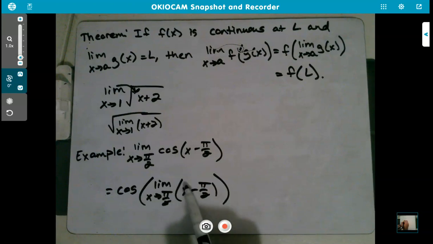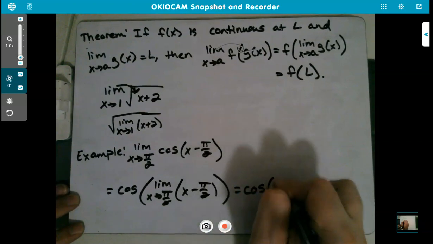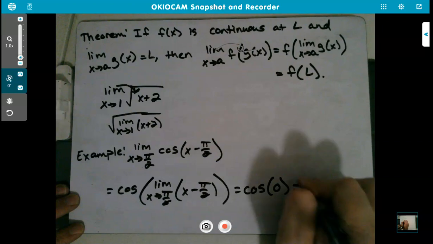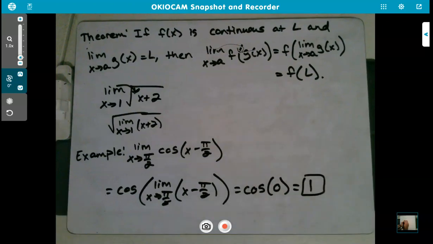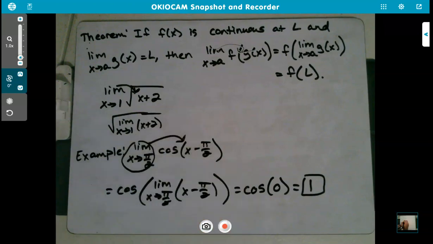If I plug in pi over 2, pi over 2 minus pi over 2 is 0. So we're doing the cosine of 0, which is equal to 1. Again, my point is I can take the limit and bring it inside as long as it is continuous.